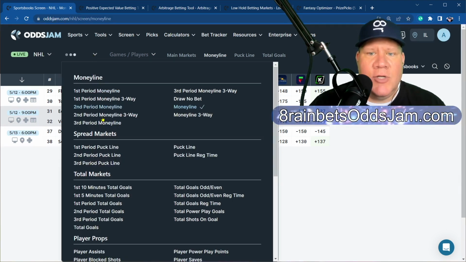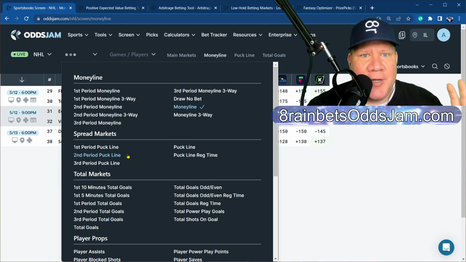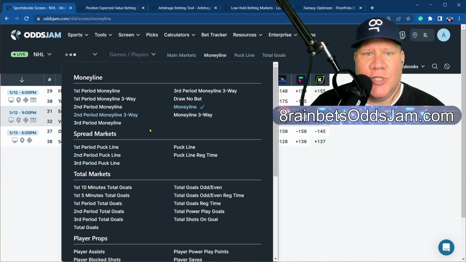Now let's look at a different kind of market. We're going to look at a spread market. In all cases, spread markets are differentials in the score between the two teams. What that allows them to do is set more consistent prices, but then have a little bit more variance in the outcome based on the score to be about 50-50 on what those outcomes are going to be, which in a sportsbook, they're managing risk across all these bets.